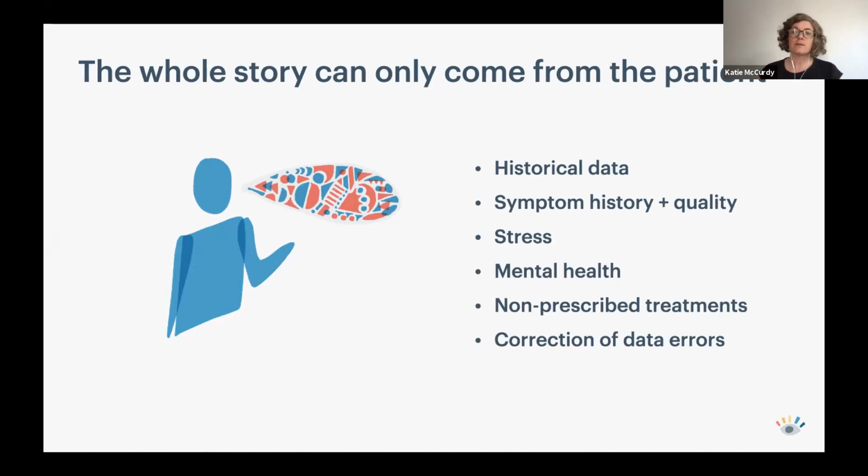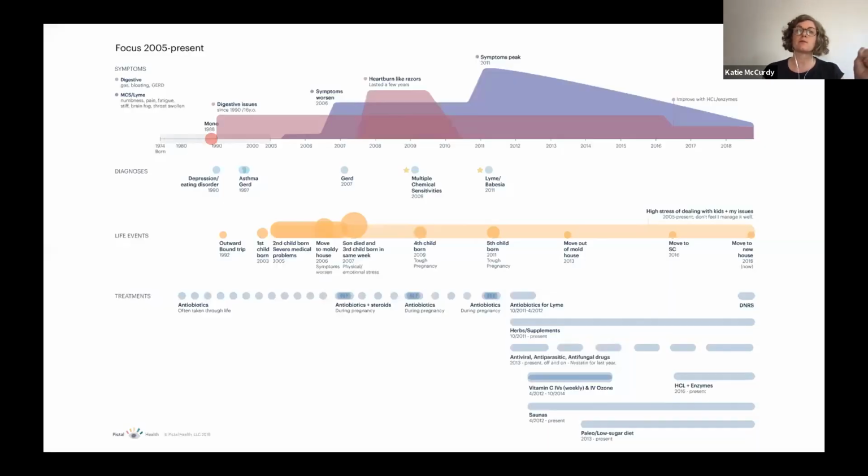There are the stressful life events, or life events and associated stress levels, I should say. Non-prescribed treatments and whether or not those treatments actually worked for the person, not to mention correction of data errors, which is a whole other talk. But the patient is really the best person to provide all the context and to provide the correct and holistic story. And in my opinion, showing that story visually is the best way for a patient to communicate it and for others to take it in and understand it.